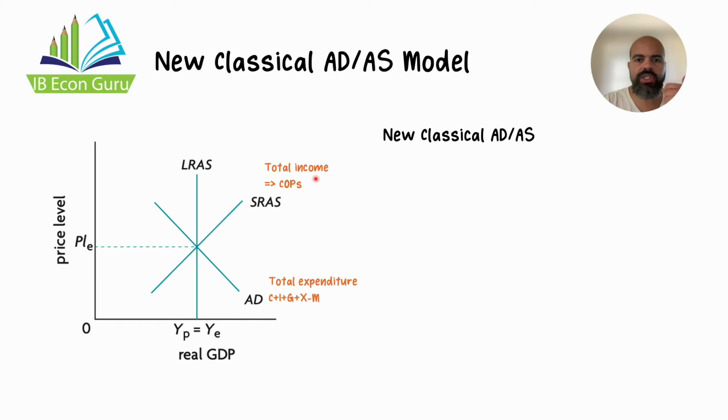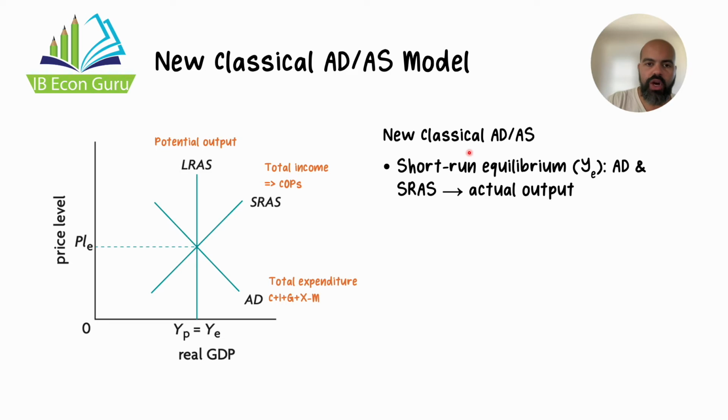So the total wages, interest, rent, and profit, all of the costs of production, are what shift the SRAS. Then you've got the vertical LRAS, long run aggregate supply. This is the economy's potential output. So this is the new classical / monetarist model.